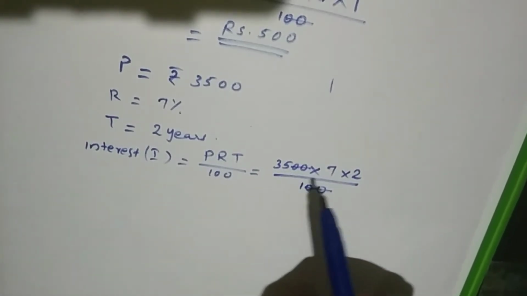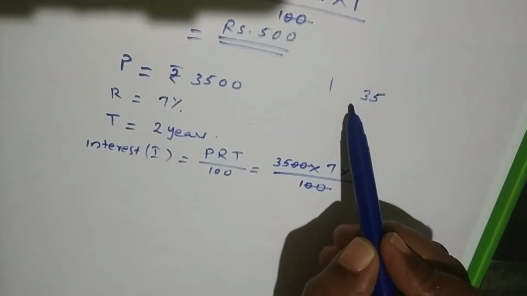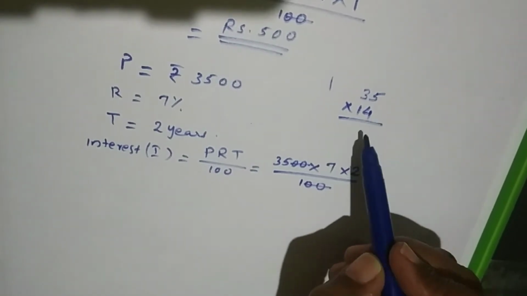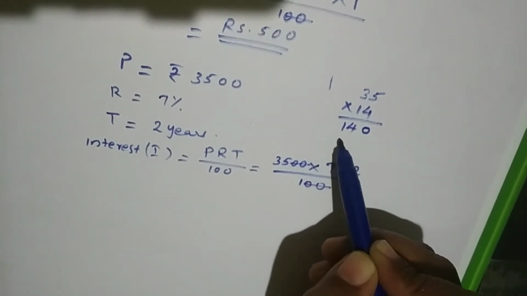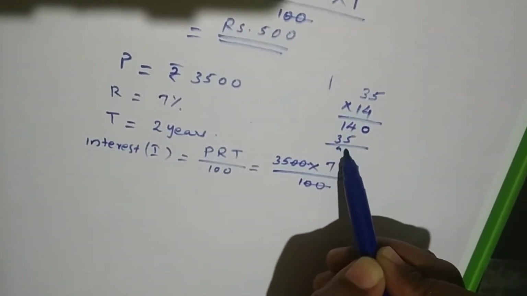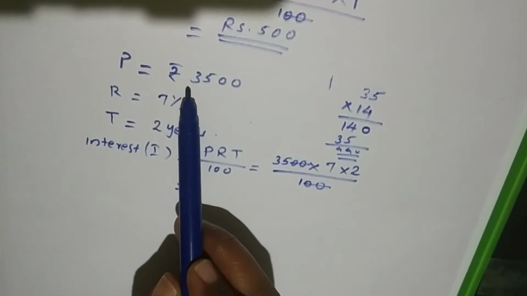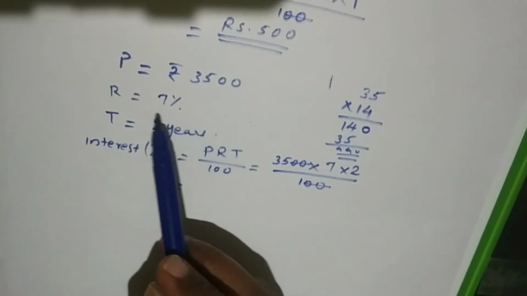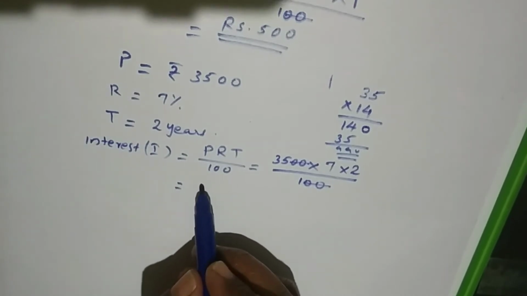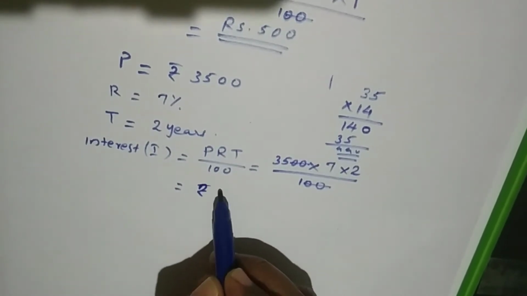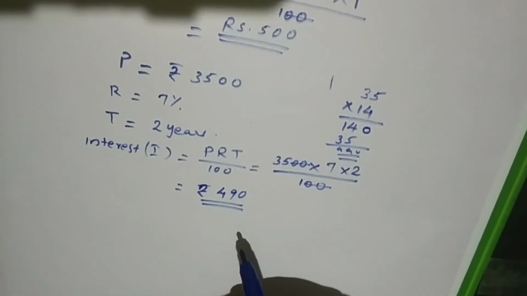Then 35 times 14. 5 times 14, which is equal to 70, then 140, then 350. 490 is the answer. So we can say interest for rupees 3,500 at rate 7% is rupees 490 for 2 years. Clear?